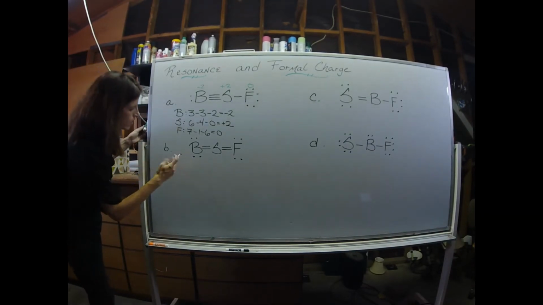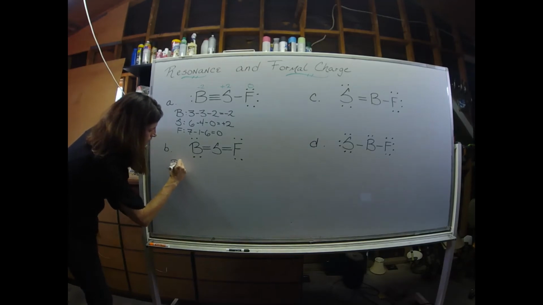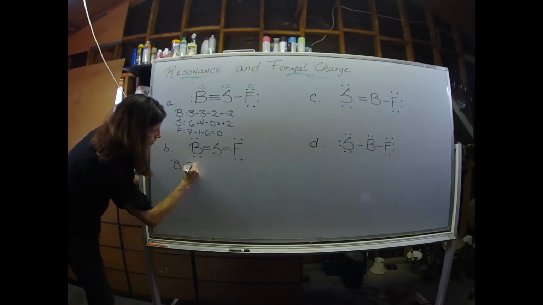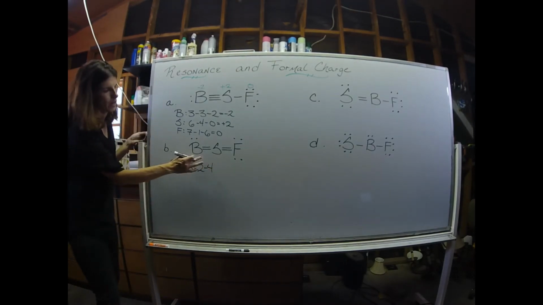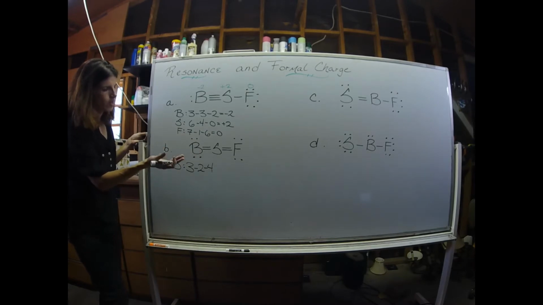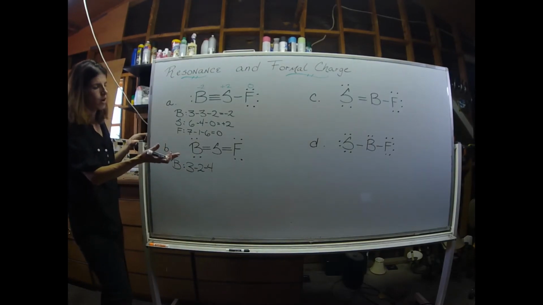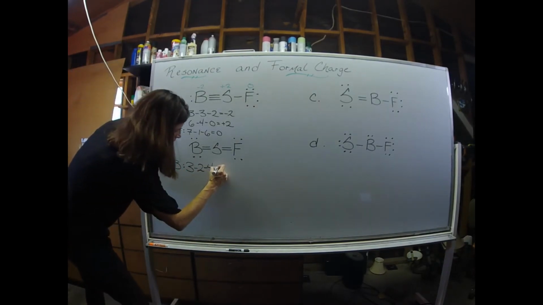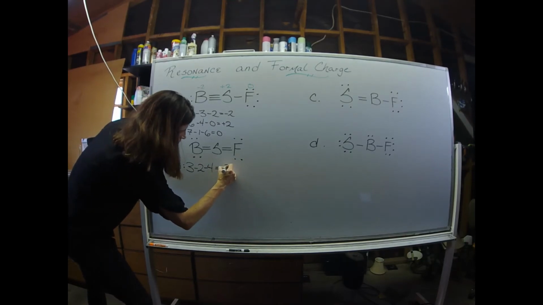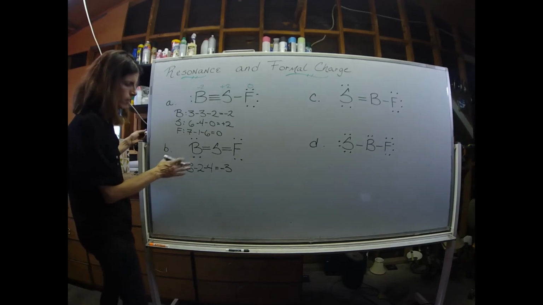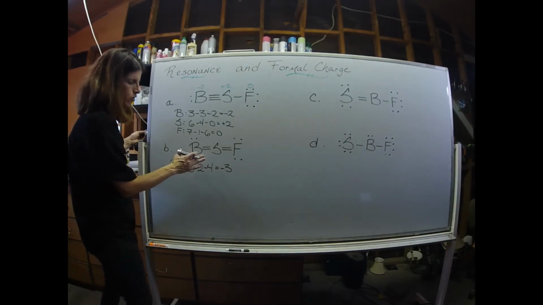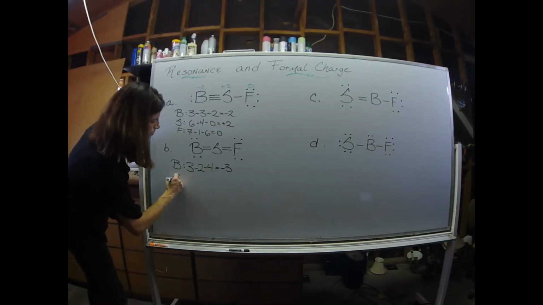So boron is in group 3, minus line, so I'm going to do a -2, and then a -4, since we have 2 electron pairs, 1, 2, 3, 4. 3 minus 2 minus 4, I'm getting a -3 here. Okay, not the best formal charge for boron, right? Something positive or a 0 on our boron.